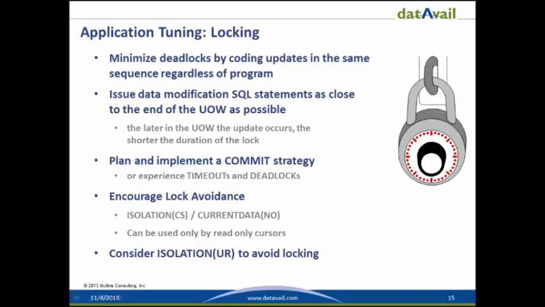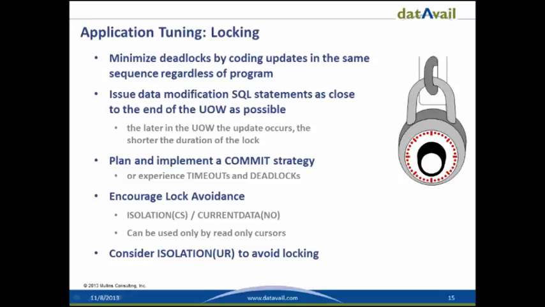In other words, right before the commit. So you do all your work, then insert, update, update, delete, insert, merge, commit. Instead of stretching them out throughout the whole unit of work and holding the locks for longer periods of time. That'll minimize the amount of lock contention you have, improving concurrency.